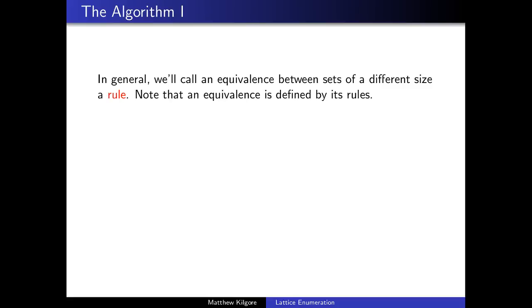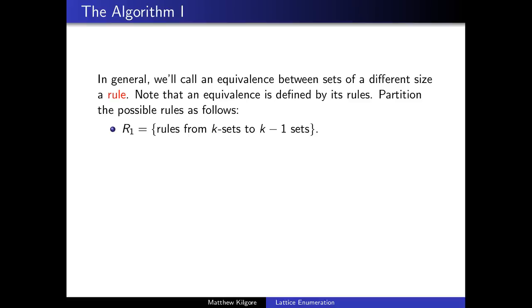Now, proceeding forward, we're going to call an equivalence between sets of a different size a rule. Note that equivalence is defined by its rules. We're going to partition the possible rules as follows. R1 is going to be rules from k sets to k minus 1 sets.